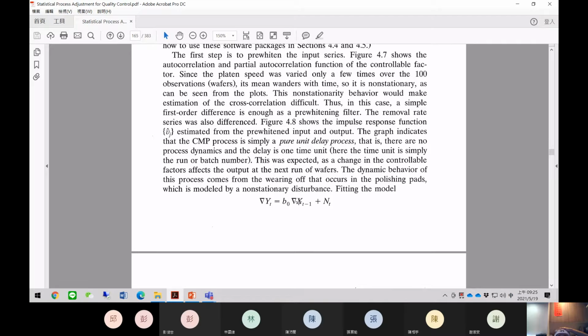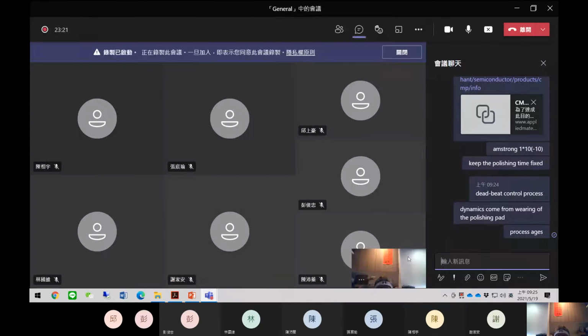This is the differenced data, x(t-1), this is deadbeat control. N_t is the disturbance, the disturbance model.